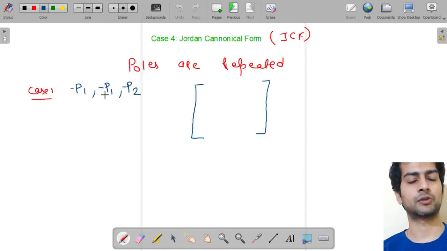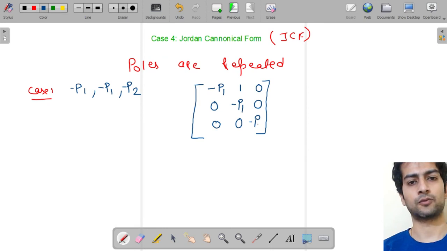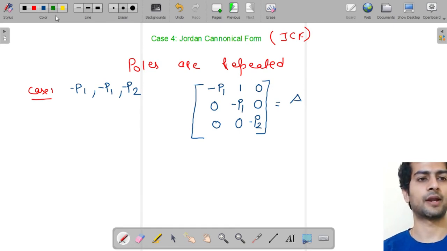So let the poles be minus P1, minus P1, minus P2. So here we will get minus P1, 1, 0. Here it will come 0, minus P1, 0, 0, 0, minus P2. This is the way of representing poles in JCF, and this is our matrix A.